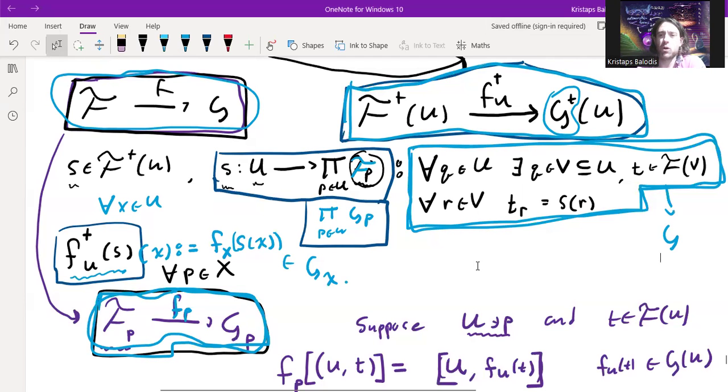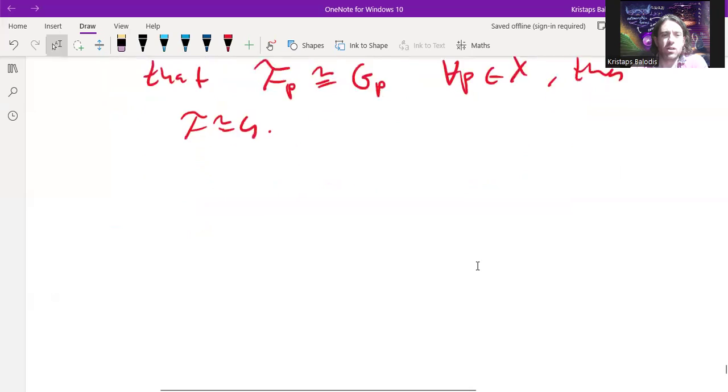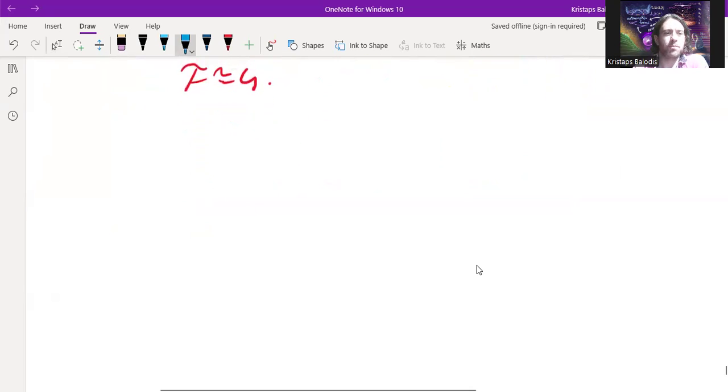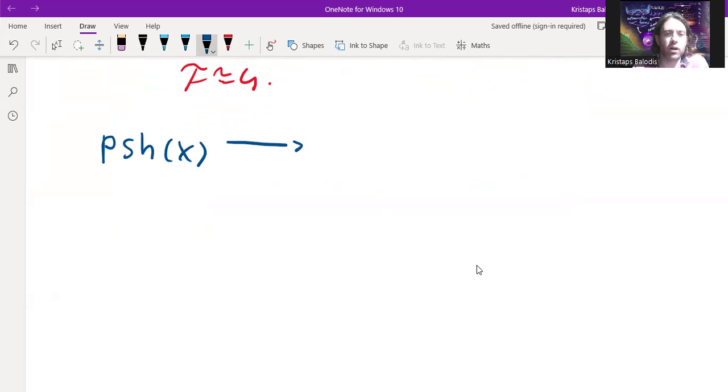So okay, where are we now? We've constructed not only a method of taking pre-sheaves over to sheaves, right? So this is the process of sheafification. But remember that every sheaf is a pre-sheaf, right?